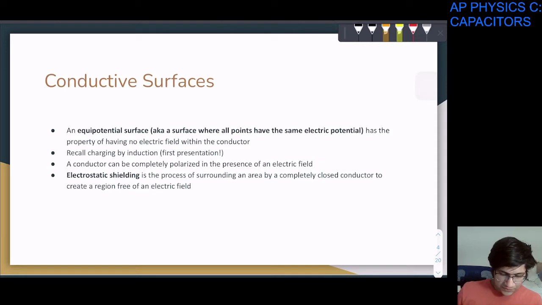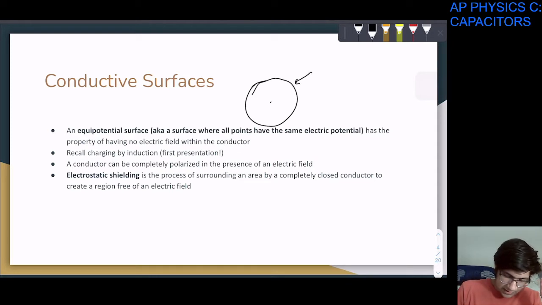All right, conductive surfaces. An equipotential surface is a surface where all the points have the same electric potential, and a conductor has no electric field within it. If you think of a metallic sphere, by symmetry, all the points on the sphere are going to have the same electric potential.